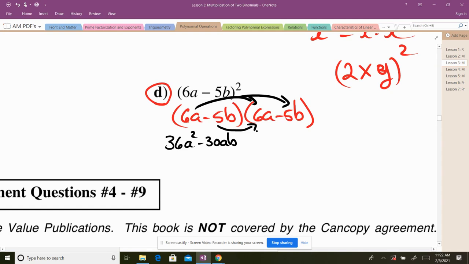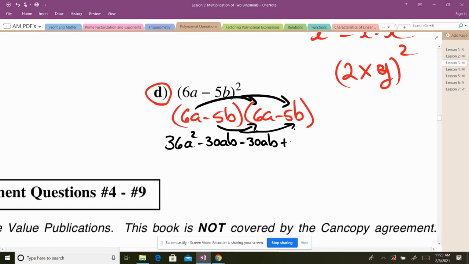Negative 5b times 6a. Just did it. Negative 5 times 6. 5 times 6. Thank you. Negative 30ab. Negative 5b times negative 5b. What's negative 5 times negative 5? 25. What's b times b? Squared.